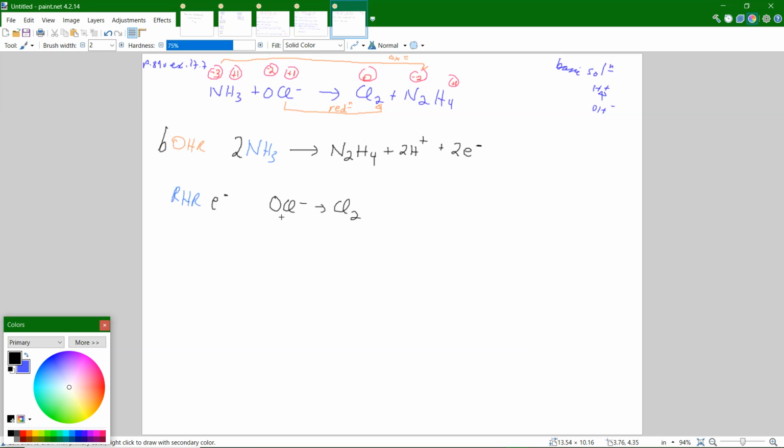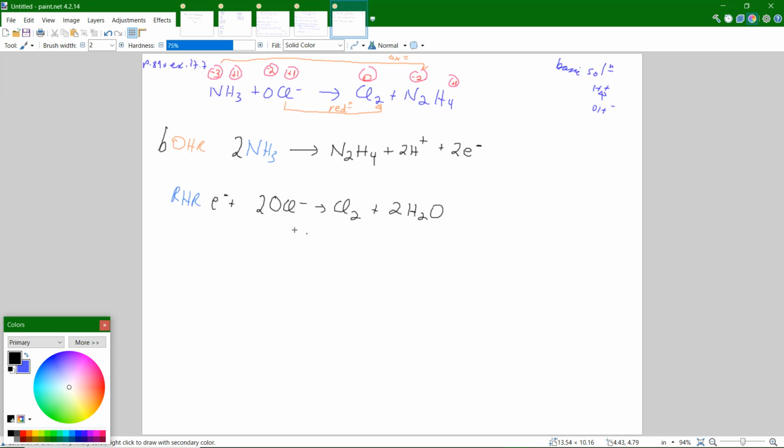The reduction half reaction, I got the oxygen, I got 2 chlorides here. So let's balance the chloride first, right? So I gotta put a 2 here, and now I have 2 oxygens, so I gotta put in the H2O. How many? 2 of the H2Os.